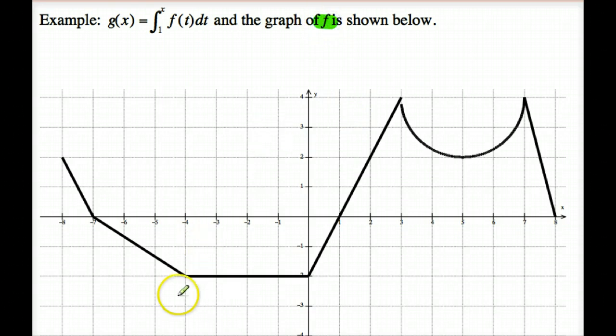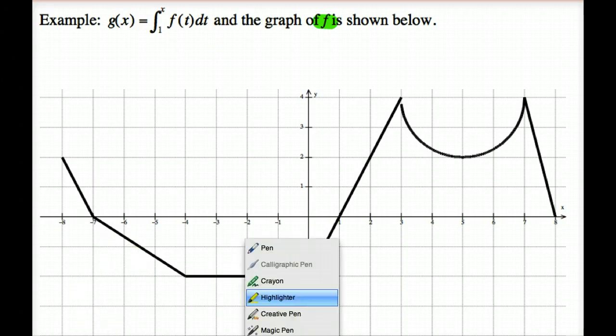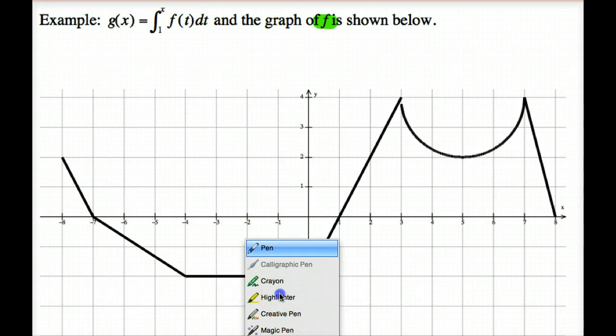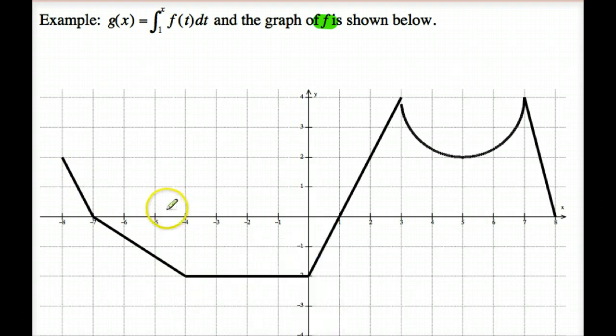Anytime you see one of these graphs, what do you usually end up doing? Yeah, we have to take the areas. So if I color these in, let's use the highlighter since it's easier. Here is a triangle, right?